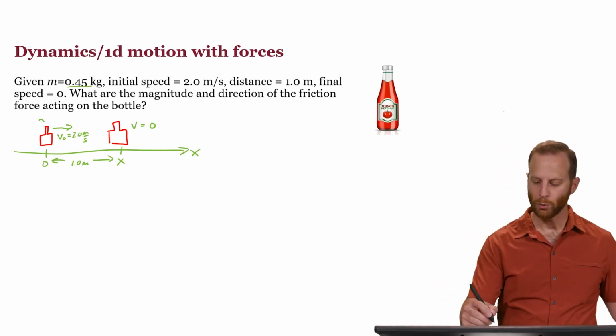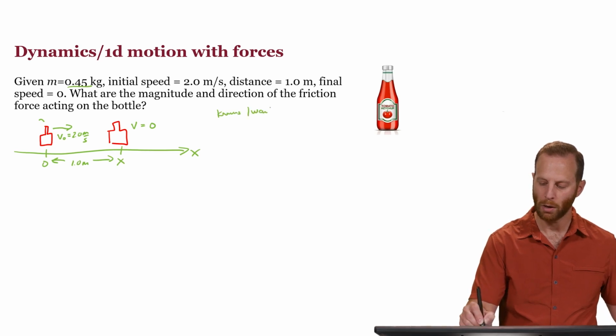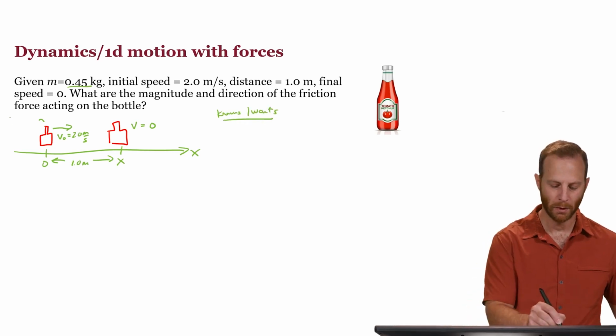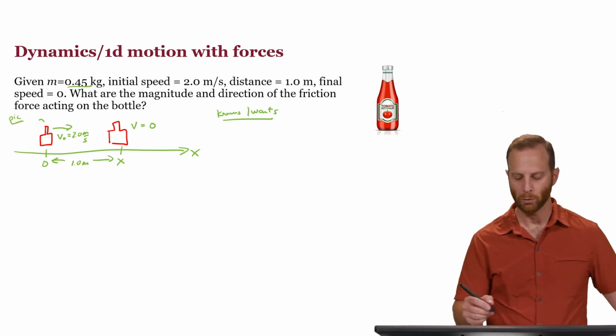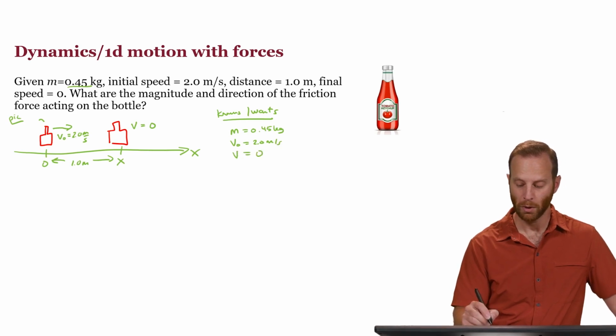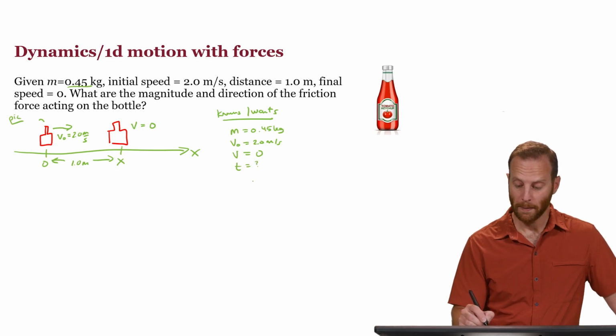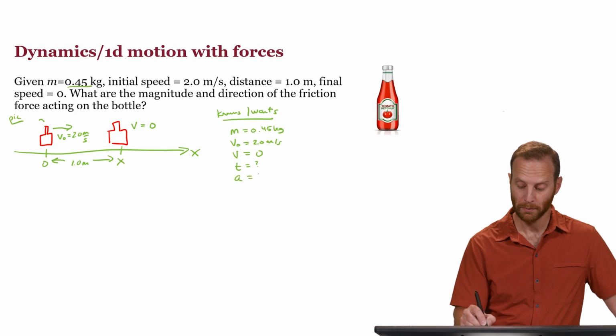The next thing we want to do is write down our knowns and our wants. The mass is 0.45 kilograms. We know the initial speed, v0, is 2.0 meters per second, and the final speed is 0. We don't know the time it takes, and we don't know the acceleration.